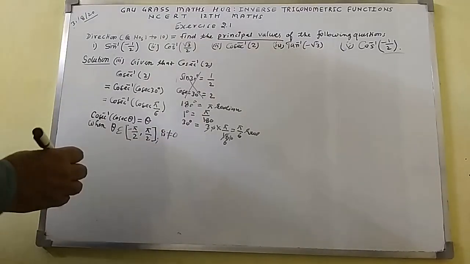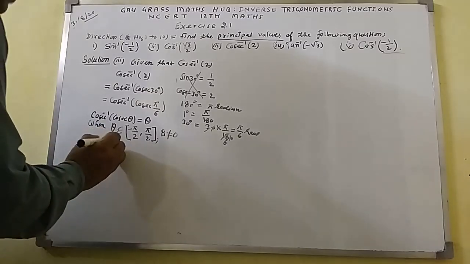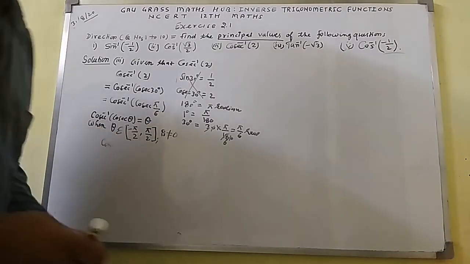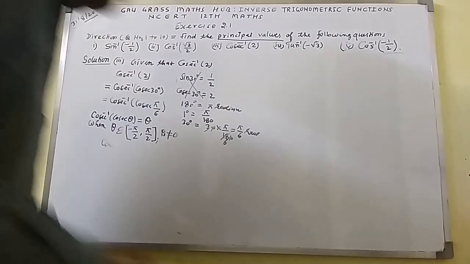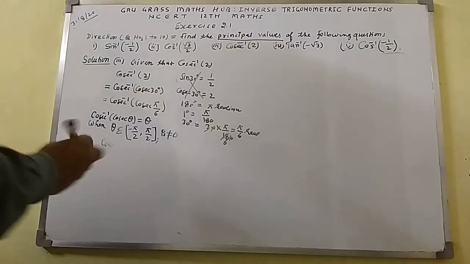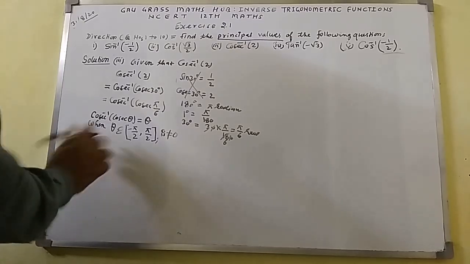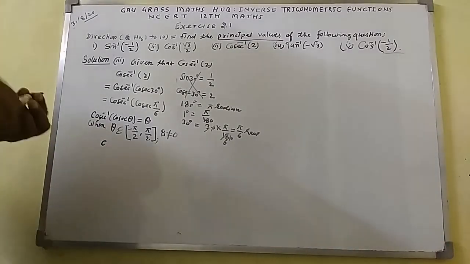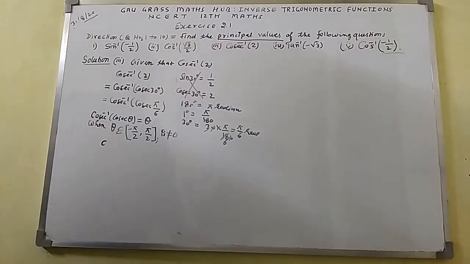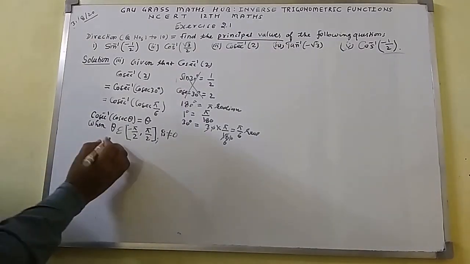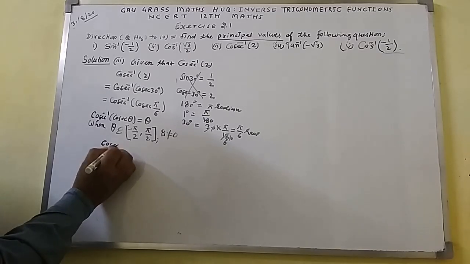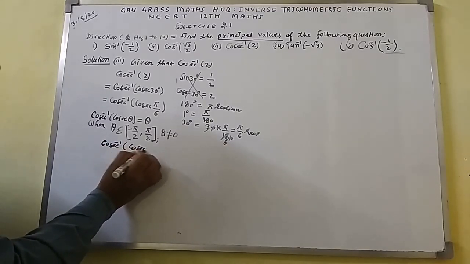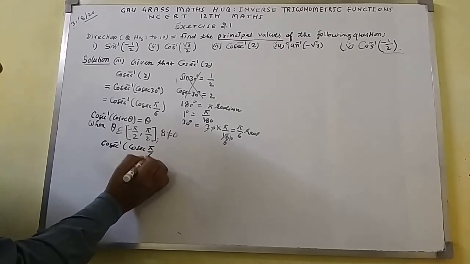So here I can very well write cosec inverse in bracket cosec pi by 6.